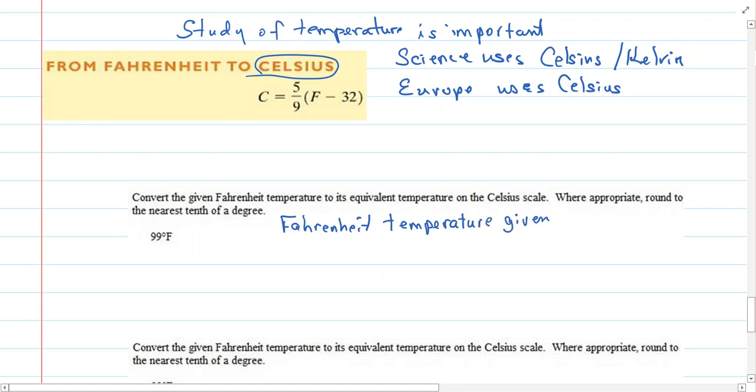So it says here we want to convert the Fahrenheit temperature to the equivalent temperature on a Celsius scale, where appropriate round to the nearest tenth of a degree.